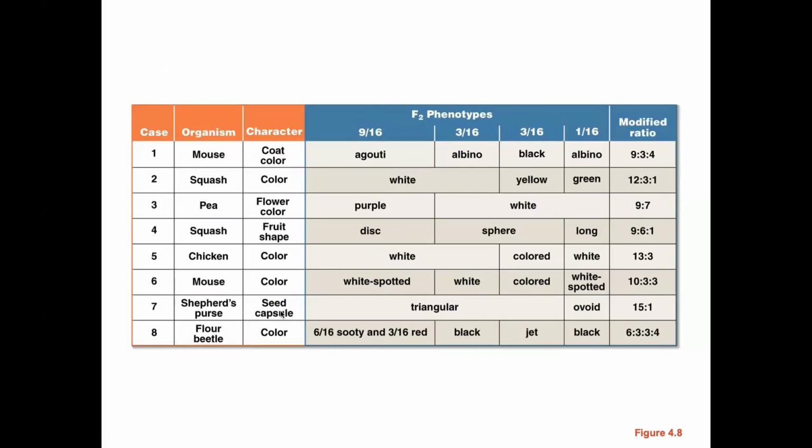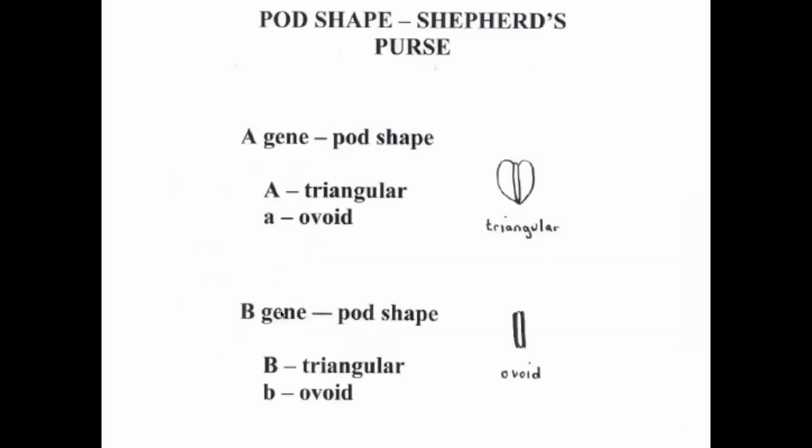So again, they recognized the fact that the 15 to 1 seems to be a variation of a 9 to 3 to 3 to 1. So they built their model, again, a 2-gene model, dominant recessive alleles, independent assortment for the alleles of the 2 genes. And then lastly, they invoked a new type of epistatic interaction. So here's the model.